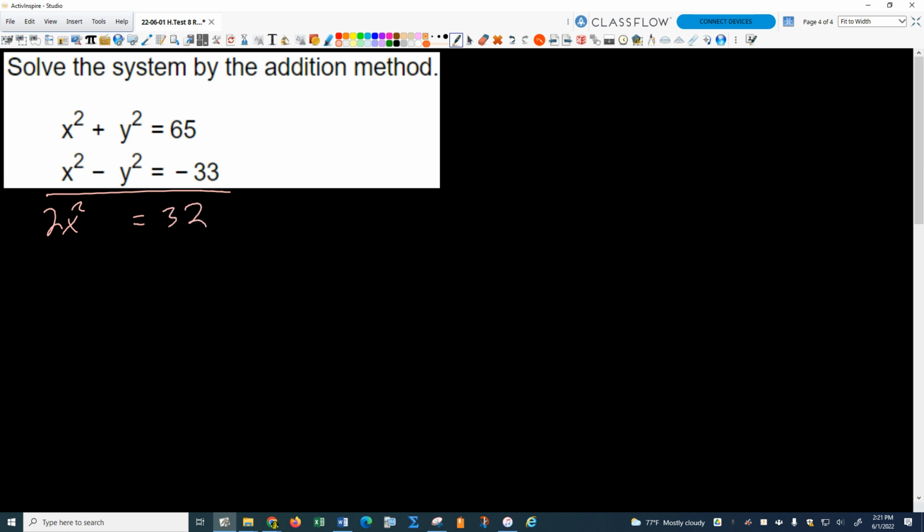Solve for x. X squared equals 16, so x equals plus or minus 4. Now I just have to try both of those. Okay, so if we take x equals 4, or x equals negative 4, and see what happens. And we'll just plug into the top equation.